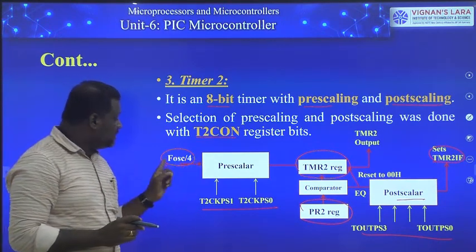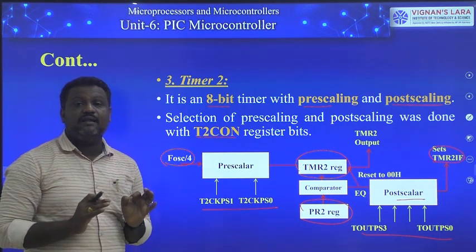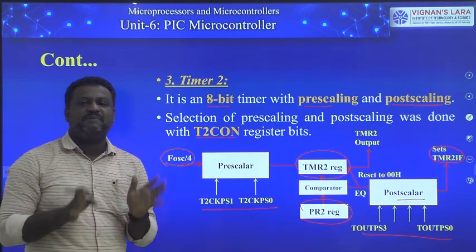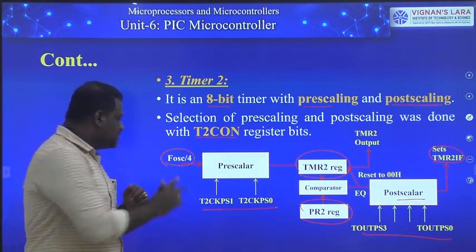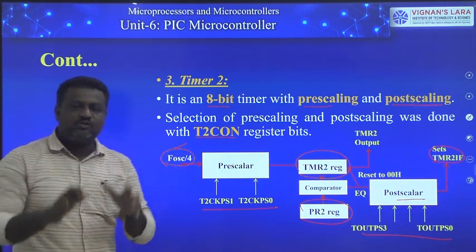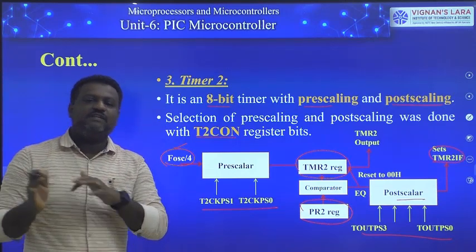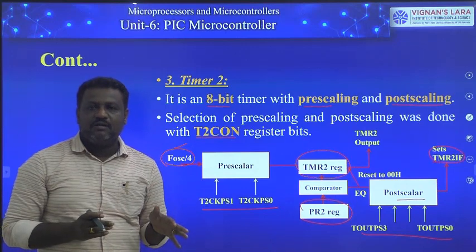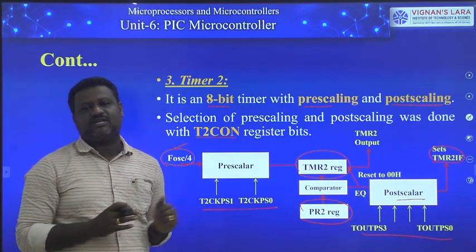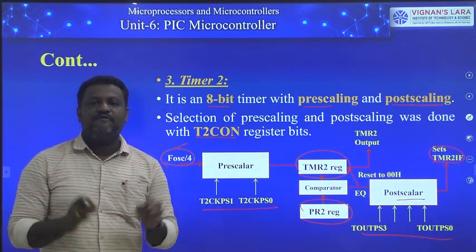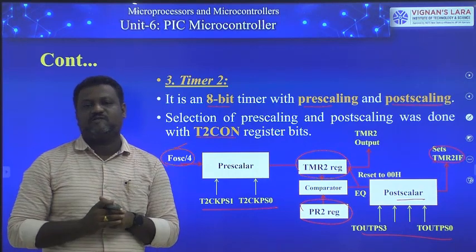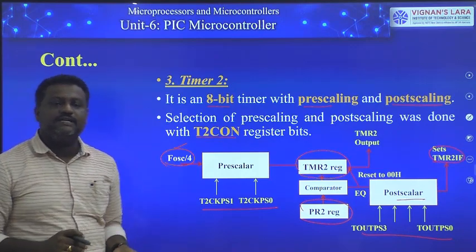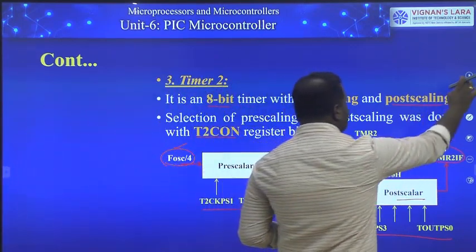That means every machine cycle has 4 complete clock cycles in this PIC16F877 controller. Whatever oscillation frequency is generated by the internal oscillator passes through a divide by 4 before reaching this prescaler circuit, because every machine cycle has 4 complete clock cycles. That's why the received clock signal is always Fosc divided by 4 itself. You have to remember that.